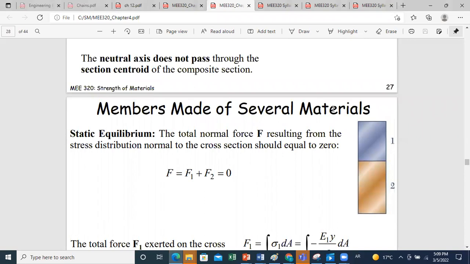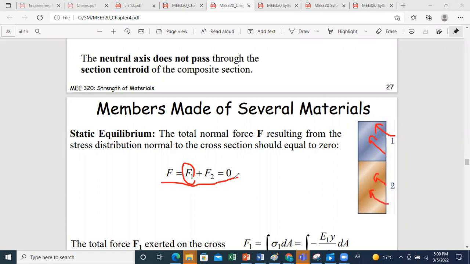So if we do force analysis, the summation of normal forces to the section is equal to 0. And the total force can be decomposed into the normal forces to section 1 and normal forces to section 2.